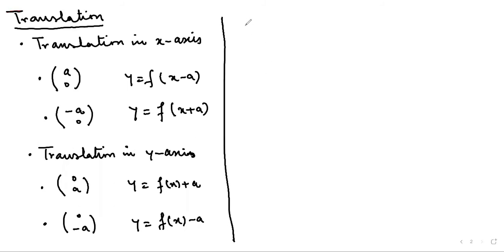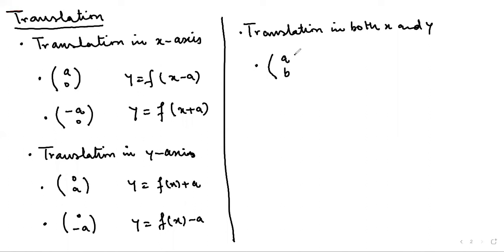Now, when there is a combination of translation in x and y both, if the translation vector is AB, then the equation should be y is equal to f of x minus a plus b.